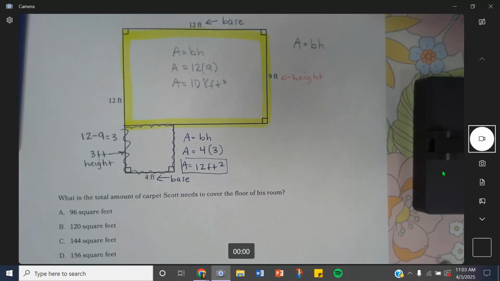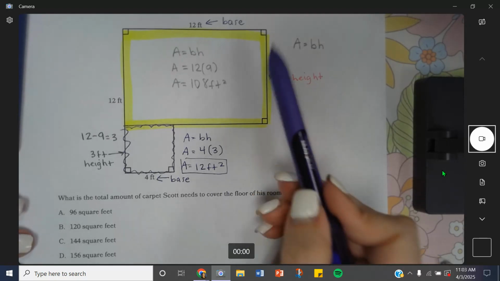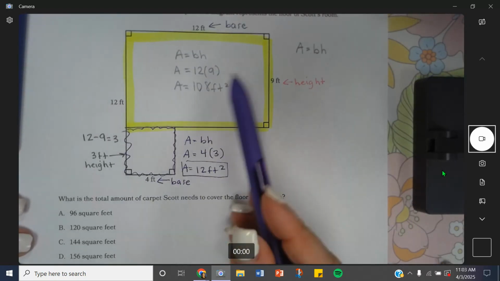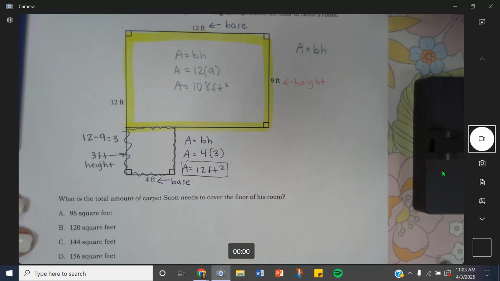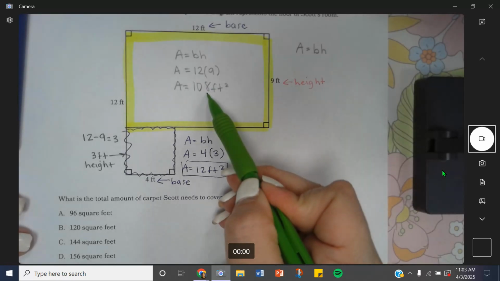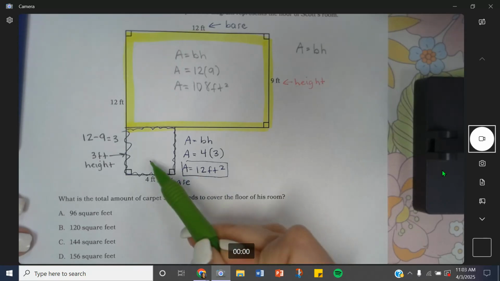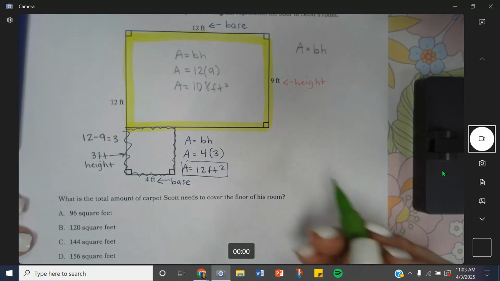But we're not done yet because Scott wants to know the total area for both of these two rectangles, because he wants to know the area of his entire floor. So in order to solve that and figure out the total, we need to add the area from our yellow rectangle to the area of our purple rectangle.